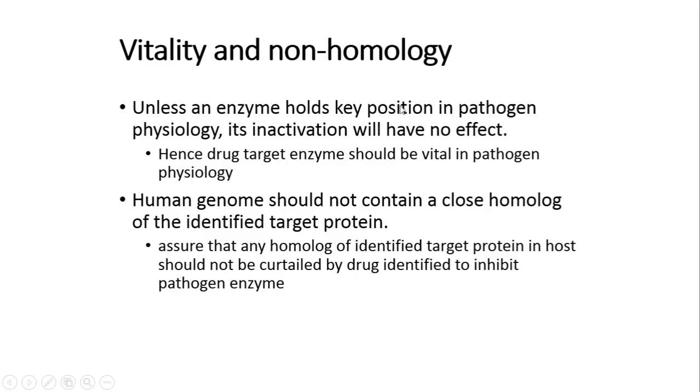Okay, then your effective drug target should be vital. Okay, so our objective is that whatever enzyme we have identified, it should go and stop certain biochemical events. Okay, so now there are, you can say, compensatory pathways that might result in formation of the same metabolite.